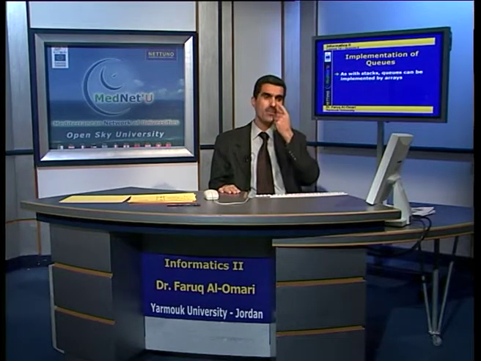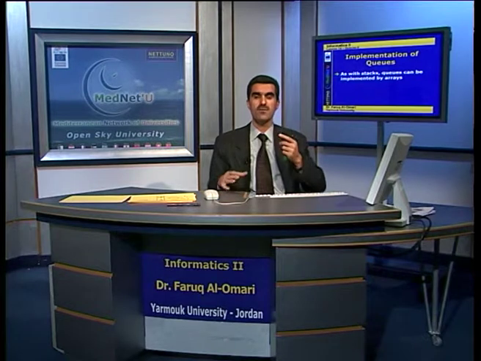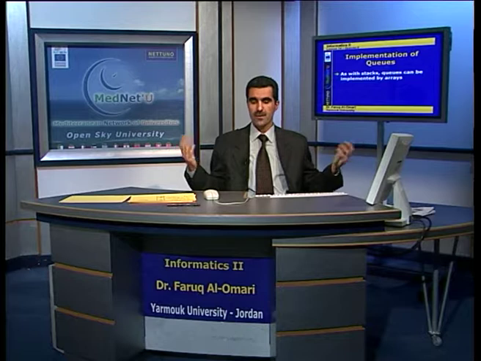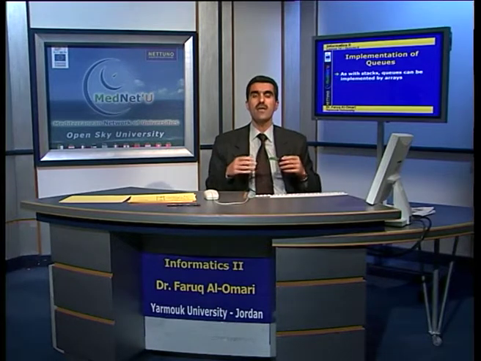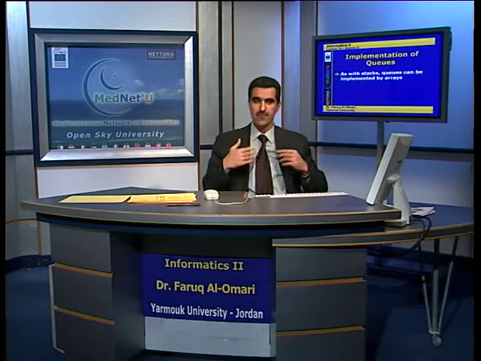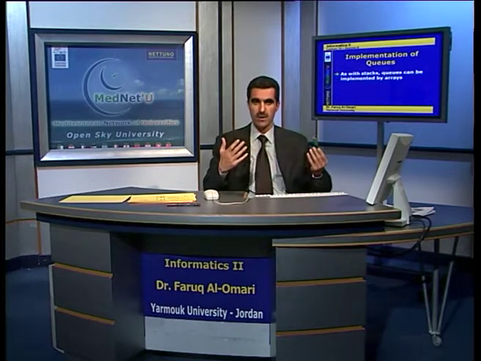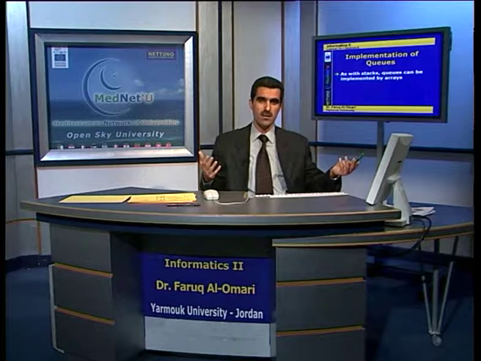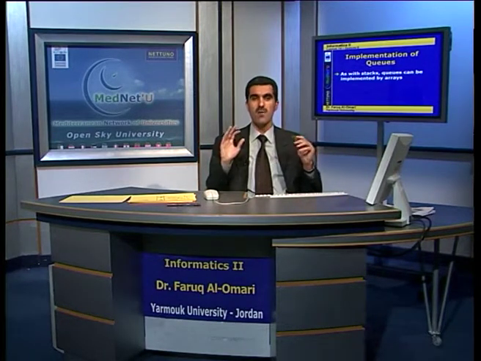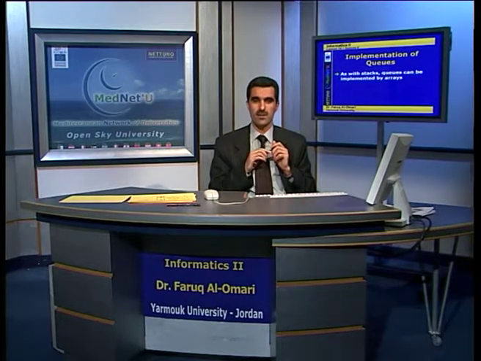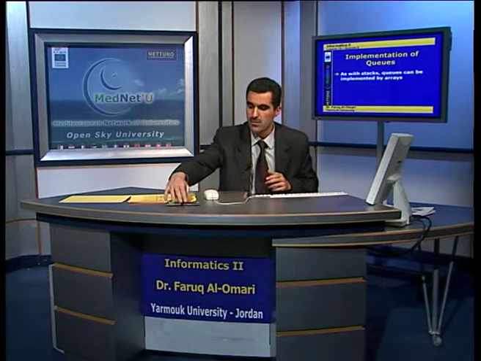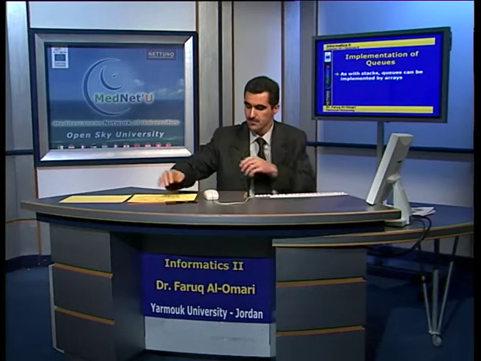We created them either using static structures, a fixed size of the array, or we used the malloc and free functions for dynamic allocation to create them along the way. Well, pretty much the same in here, we're going to be implementing queues using arrays. However, we have to be a little bit careful in here. Let's look at the way we're going to implement the queues using the arrays.